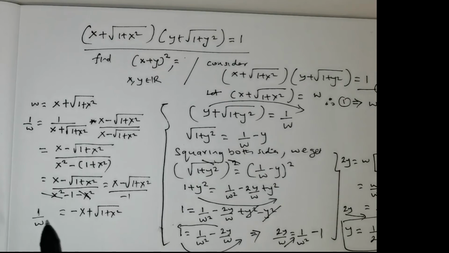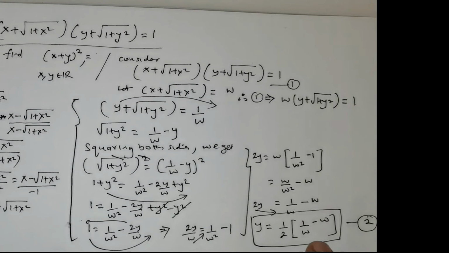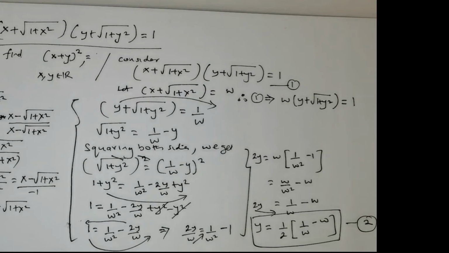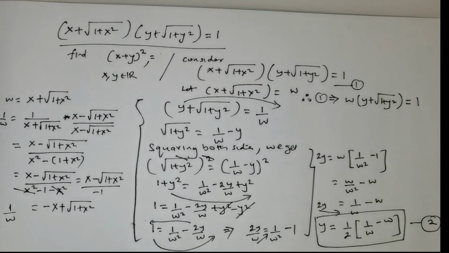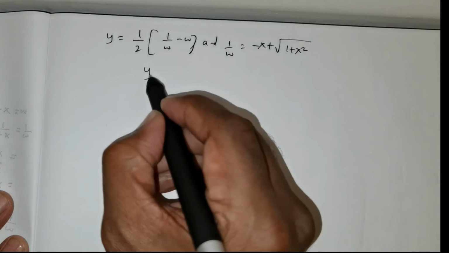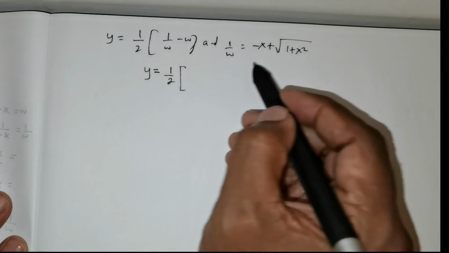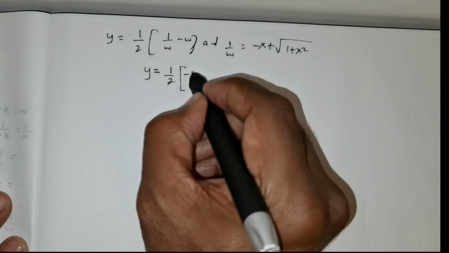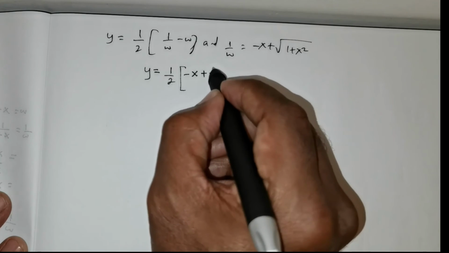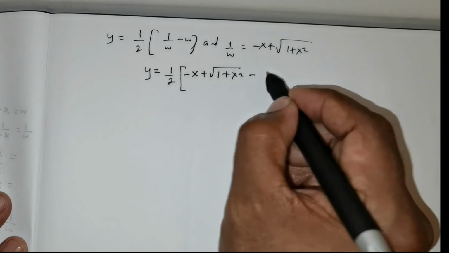On the left, I've got 1/w. Now, already, if you remember, we have a system here. So in place of 1/w, I would be substituting the value that we got here. Substituting for 1/w, we would now have y equal to 1/2 times (−x + √(1 + x²) − w).